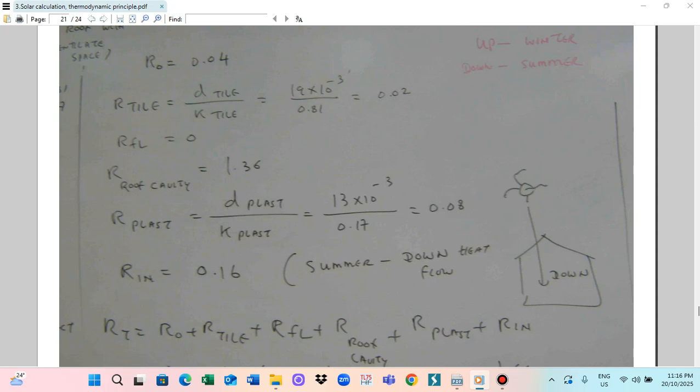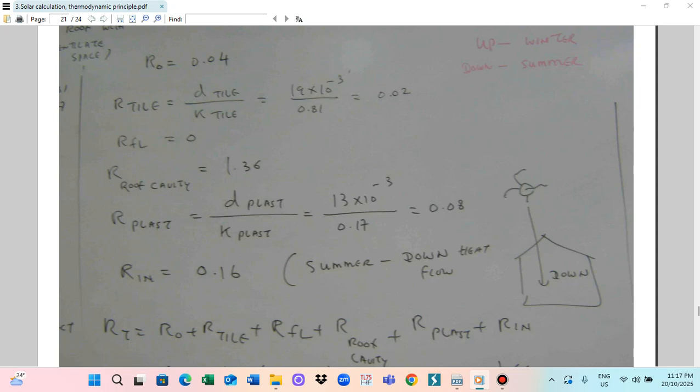This is a low impedance surface and this will be a ventilated space. We assume that the air can flow into the roof, so this is a ventilated space. If you assume that the roof is a ventilated space, in this case you can take the higher value. The ventilated space down is 1.36, so you can take the higher value.